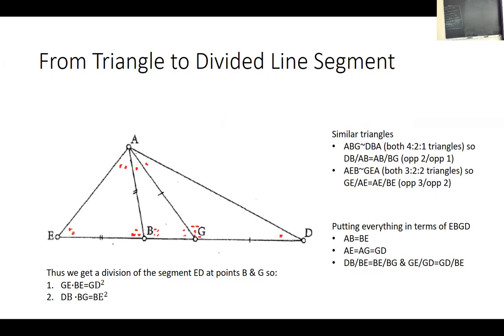And so then we can turn these expressions solely into intervals on the segment. So we get DB on BE equals BE on BG, and GE on GD is the same as GD on BE. And then we cross multiply and we get our second reduction. We've gone from this triangle, and we've constructed a line segment here that has these properties.